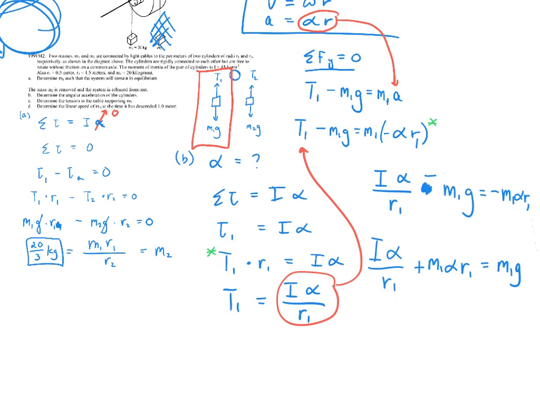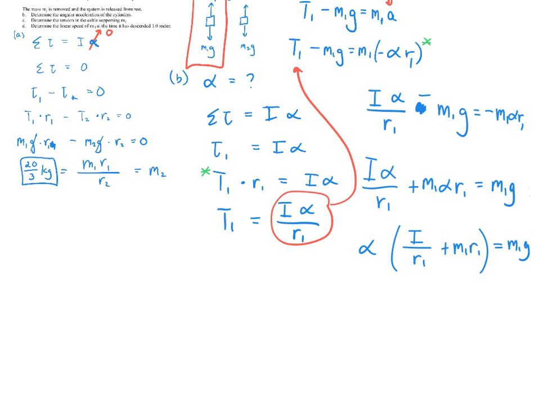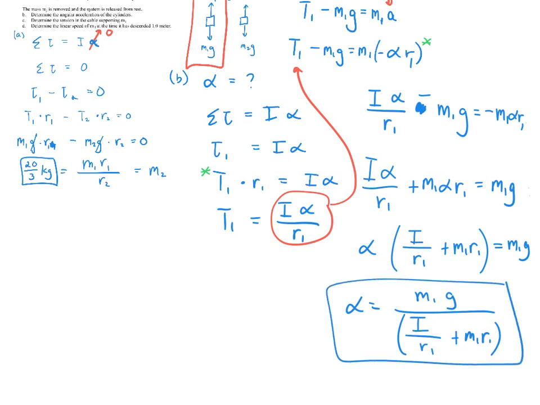And then I'm going to factor out alpha, and then divide through to get alpha by itself. And then we can plug in the numbers for that. We have M1, we have G, we have I, we have R1, we have everything in the problem.